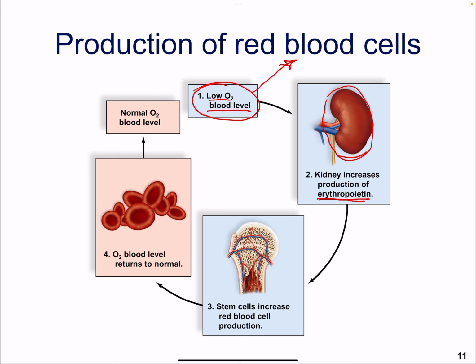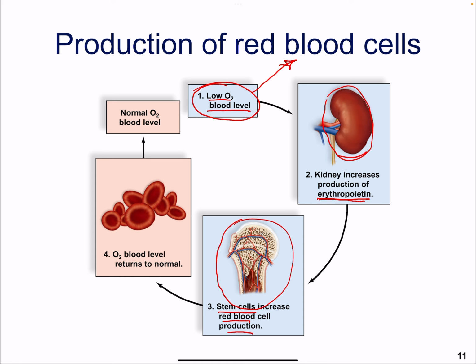That erythropoietin is going to travel in the blood and target the red bone marrow. In the red bone marrow, the stem cells are going to differentiate and become red blood cells.